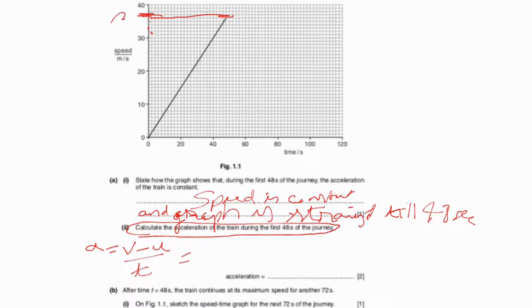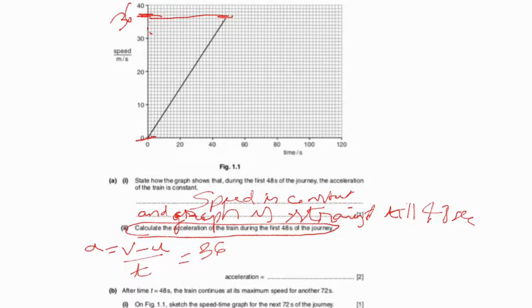So it is 36 here, the final velocity till 48 seconds. So 36 meters per second is the final velocity. The initial velocity is 0, because the train is running from rest. So 36 minus 0 upon time t.